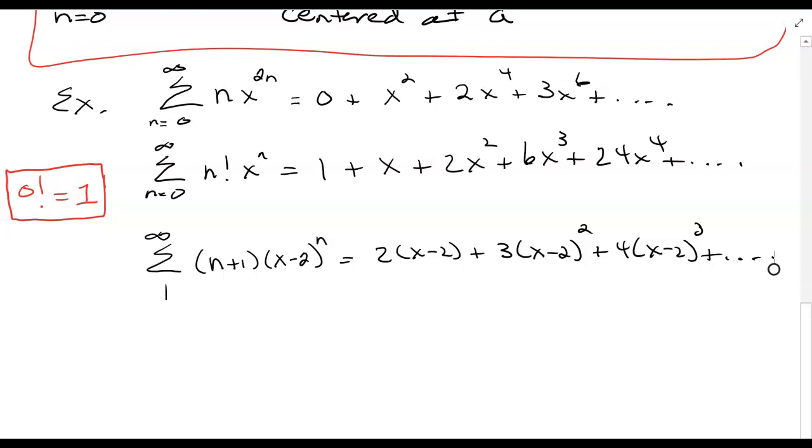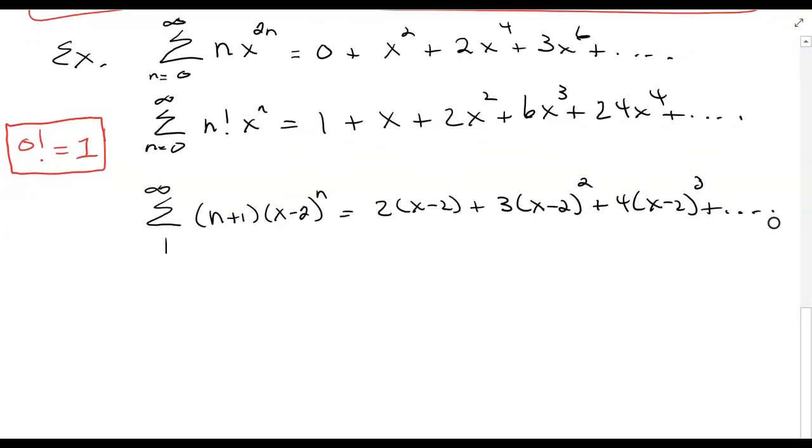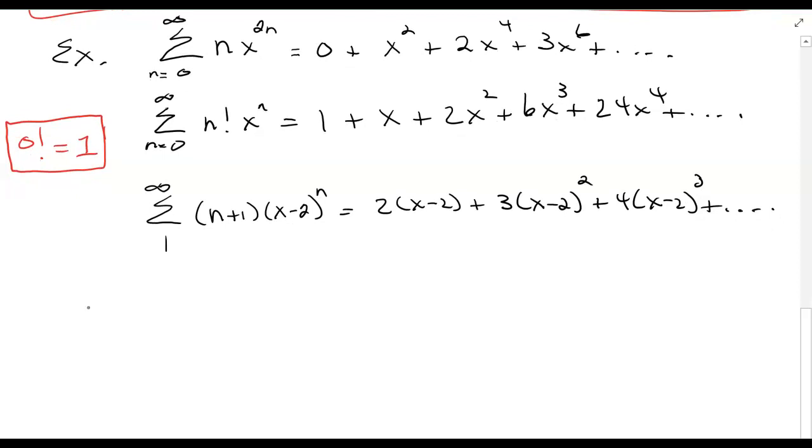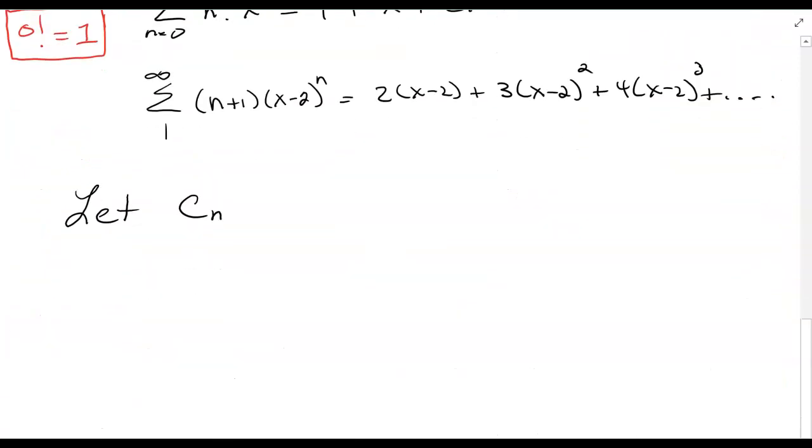We can do that, but we need to define our c sub n. So if we let c sub n be the coefficient of our basic power series, we need to come up with a formula for that. And we come up with a formula using derivatives.